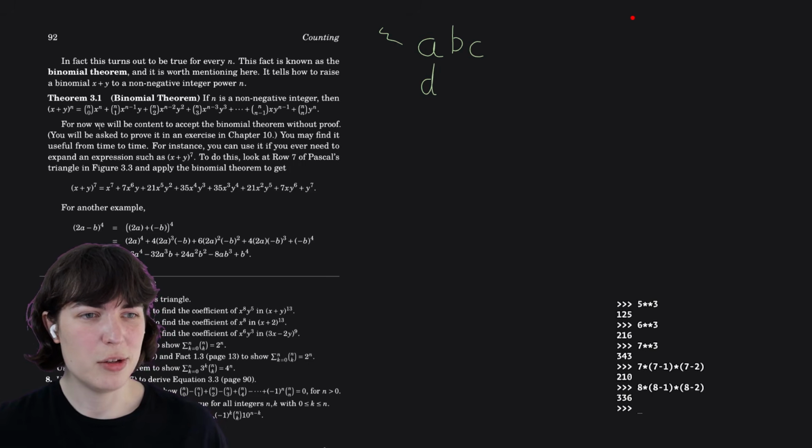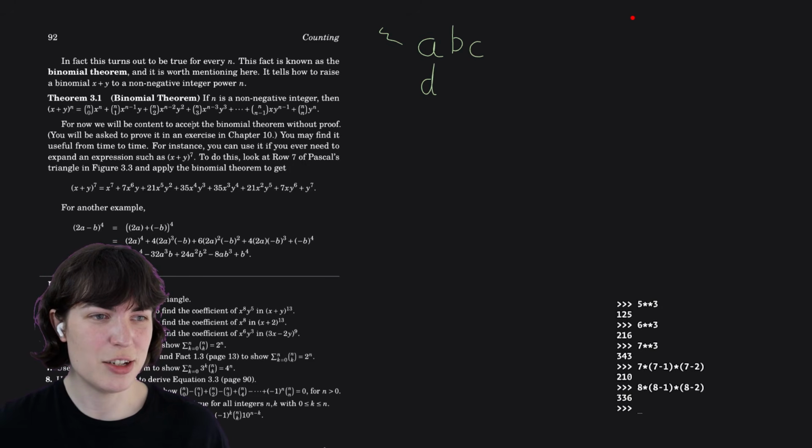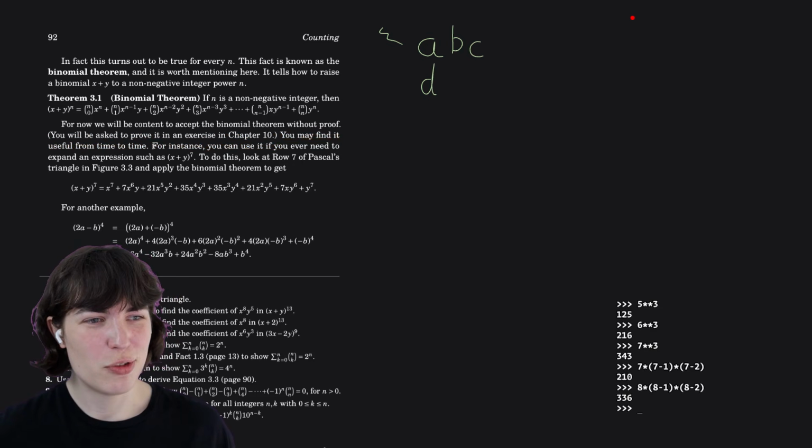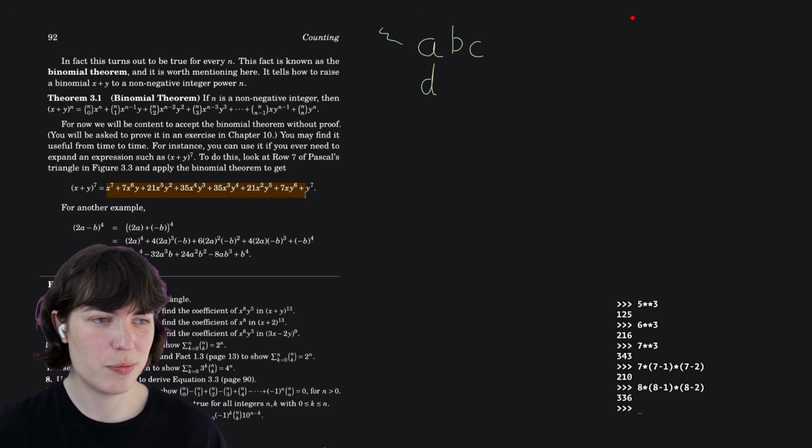For now, we will be content to accept the binomial theorem without proof. You'll be asked to prove it in an exercise in chapter 10. You may find it useful from time to time. For instance, you can use it if you ever need to expand an expression such as x plus y to the power 7. To do this, look at row 7 of Pascal's triangle in figure 3.3 and apply the binomial theorem to get this.